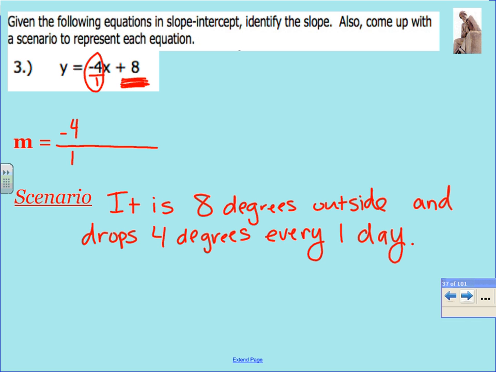Go ahead and fill in the slope, the words that you know go next to it. So negative 4 what? Hopefully you have negative 4 degrees over 1 day. Negative 4 what? Negative 4 degrees because it's dropping. How often? Every 1 day.